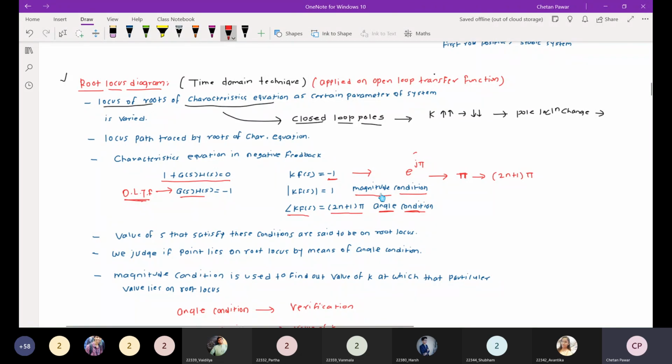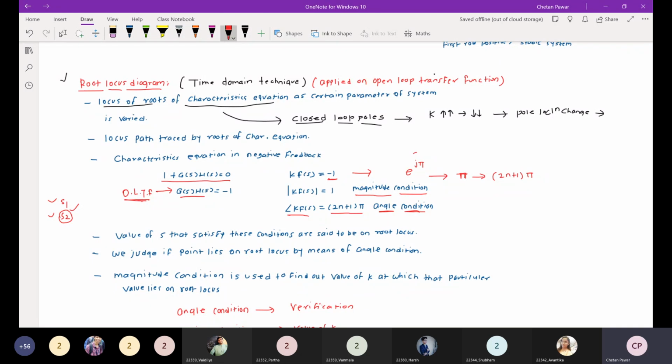Any point which is on the root locus, for example if S1 is on the root locus or S2 is on the root locus, these two points must satisfy the angle condition. If you find the angle at this particular S2 location, you should get odd multiples of pi, odd multiples of 180.